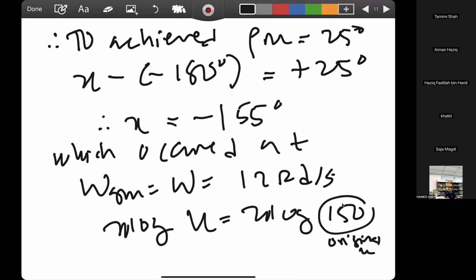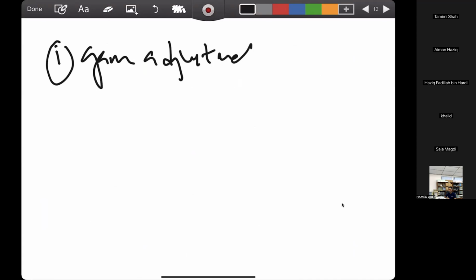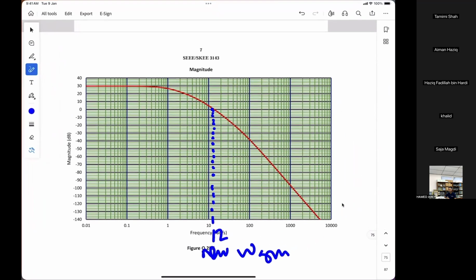So which is equal to 100.21 decibel. So what we should do is gain adjustment. Doctor, I got 43 decibel. I don't understand this one. 20 log 150. Yeah, 12 radian per second.